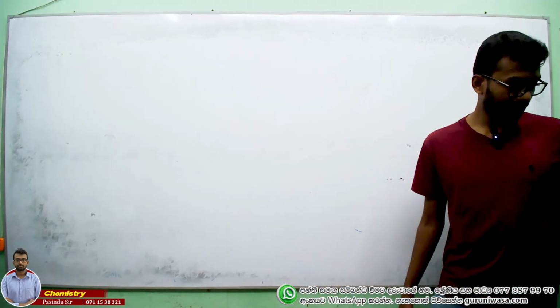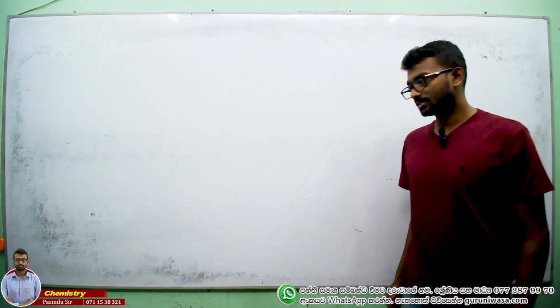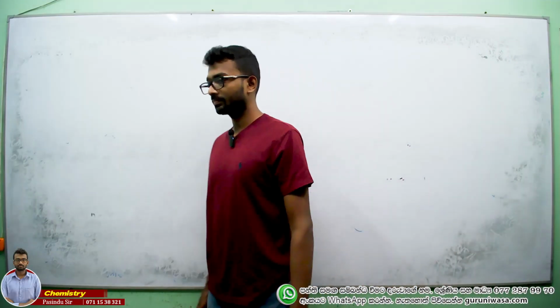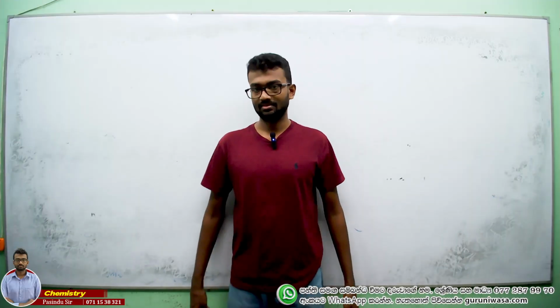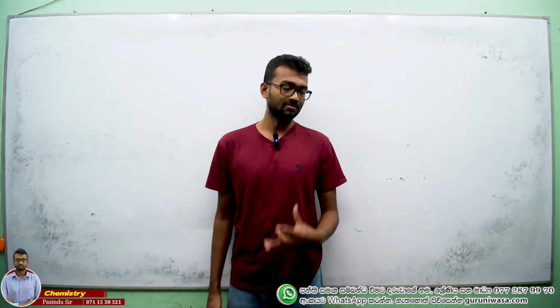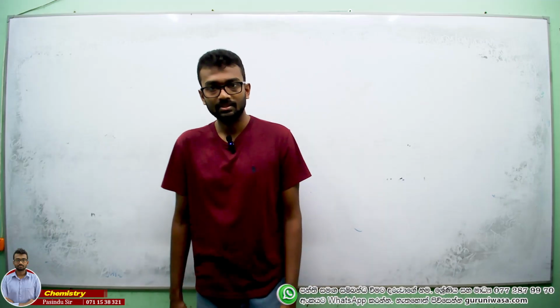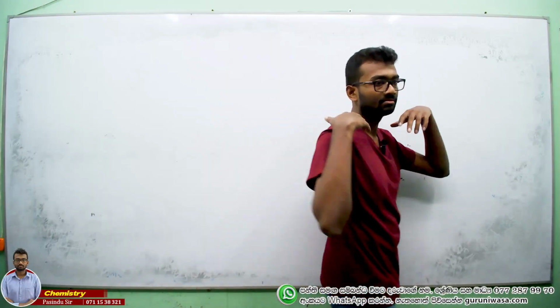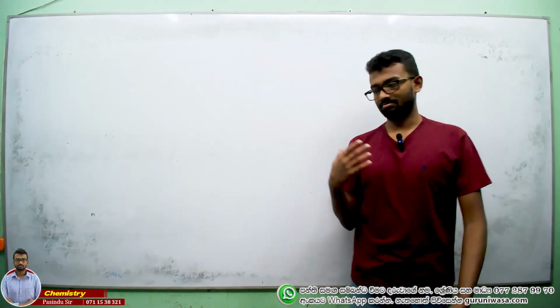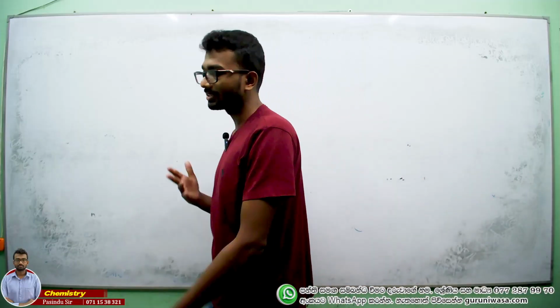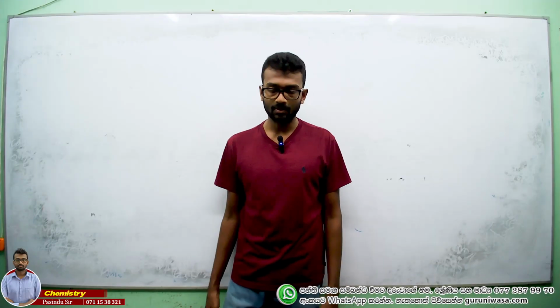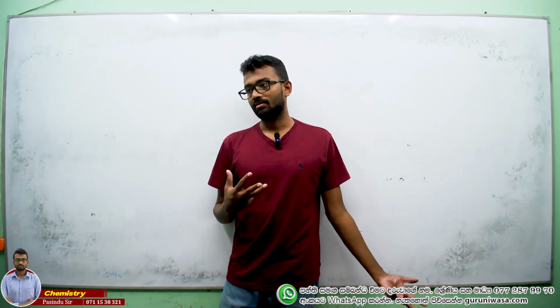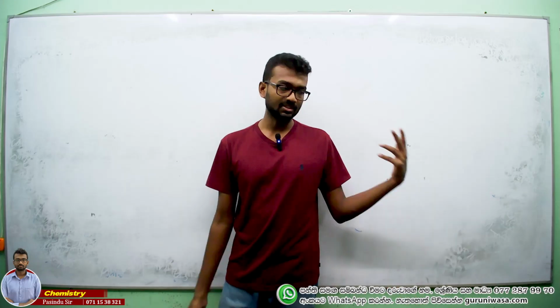In this kind of isomers, the structure looks similar, right? When you just look at the structure, there are no changes, no difference in carbon chain, no difference in functional group, no difference in arrangement of the functional group, right?